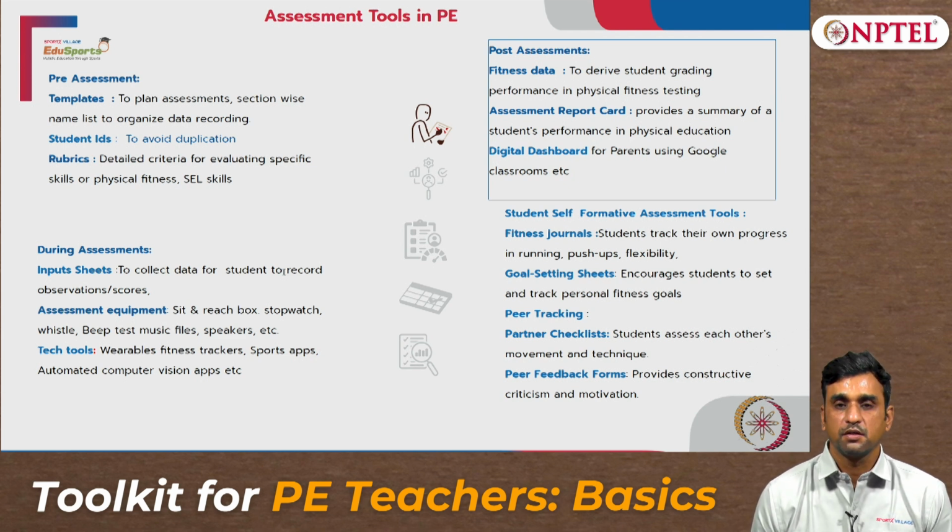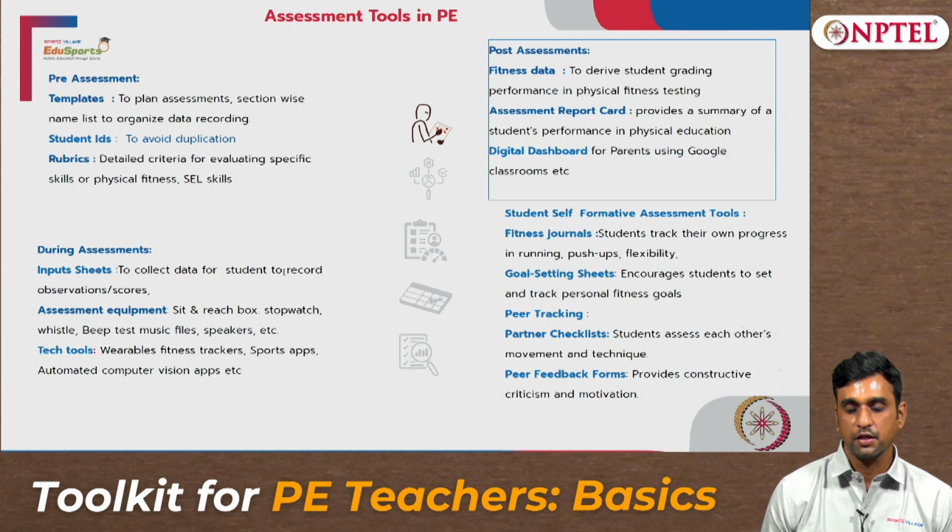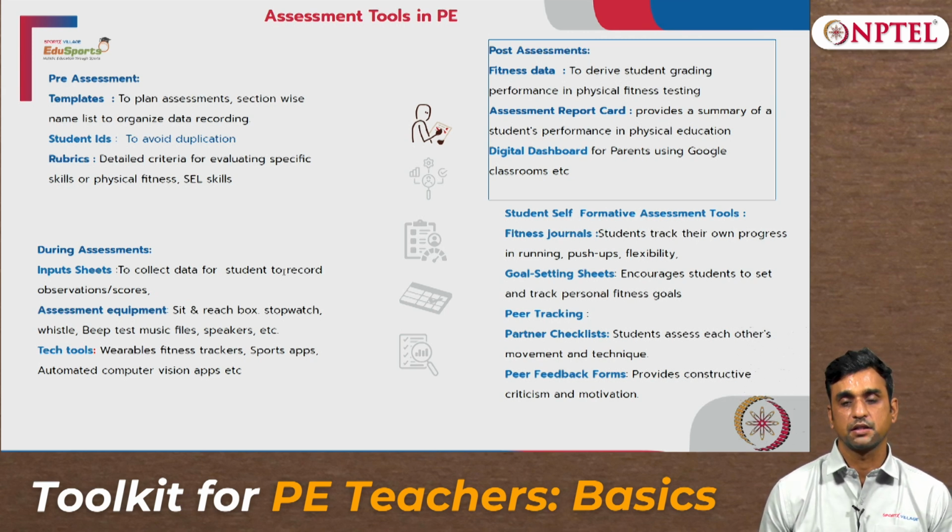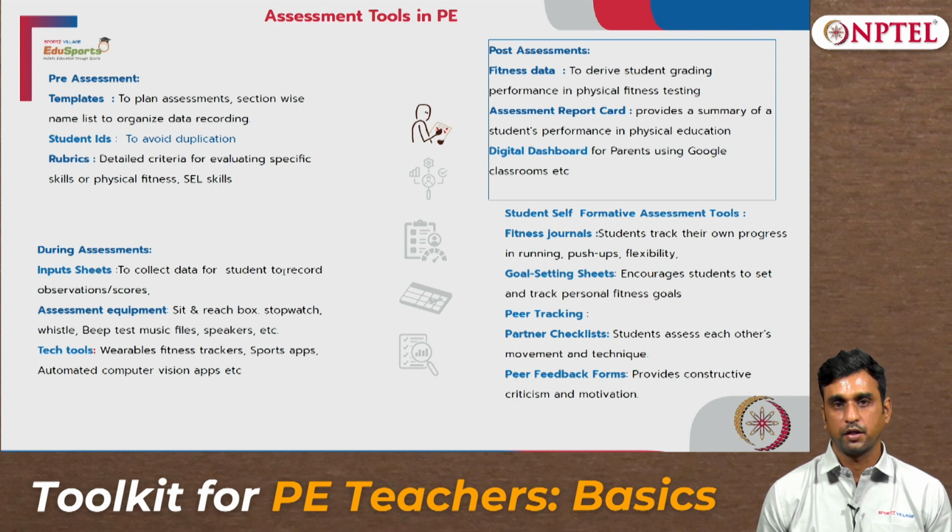Then post-assessment, the fitness data that you have collected itself becomes a tool to derive student grading and performance in physical testing, as we just discussed with method number 1, the norm referenced method. Then your assessment report card provides a summary of students' performance in physical education across skill and fitness, and their position across their grade.